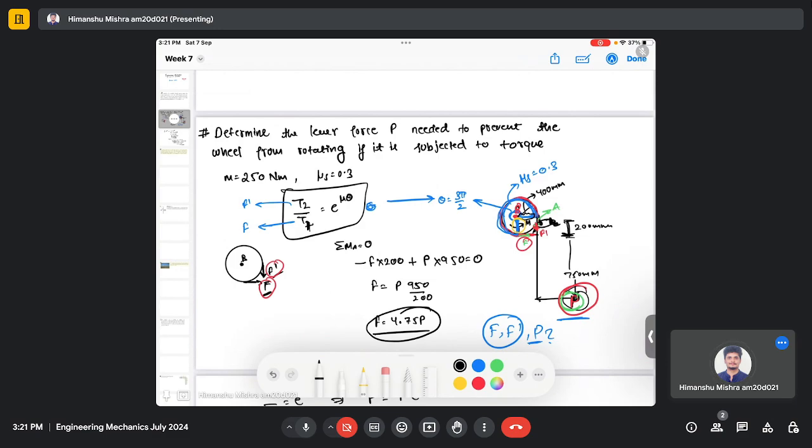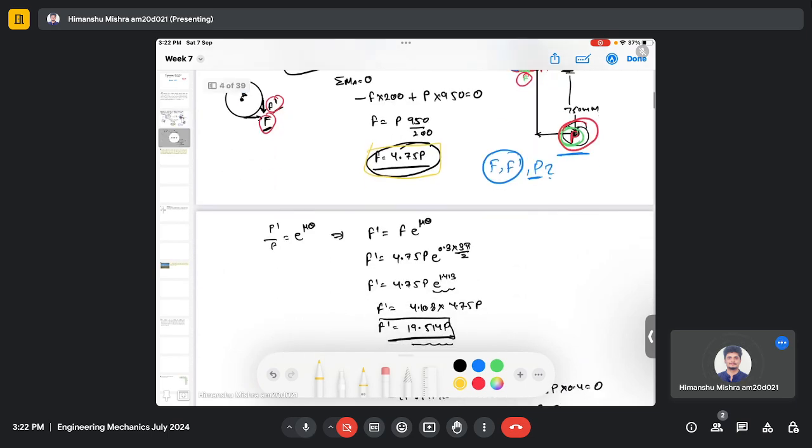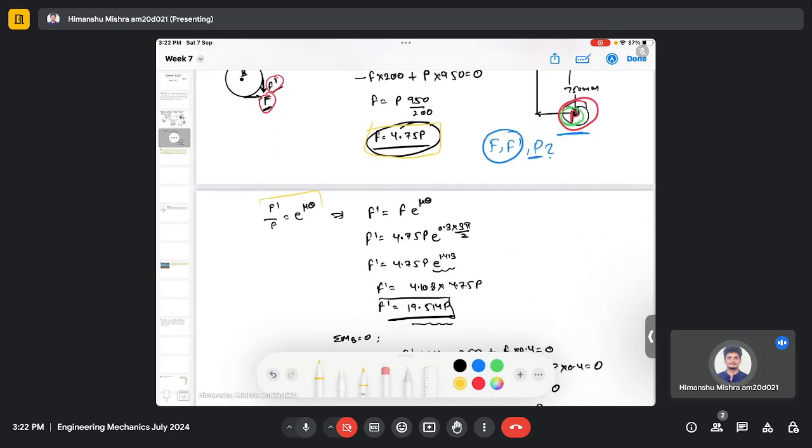First we used the moment equilibrium equation at point A to find the relation for F in terms of P. Then we used the equation for the belt drive where the ratio of the forces equals e to the power mu theta. Theta is the angle made by the belt when it is wrapped around the wheel, and mu is the static coefficient of friction.